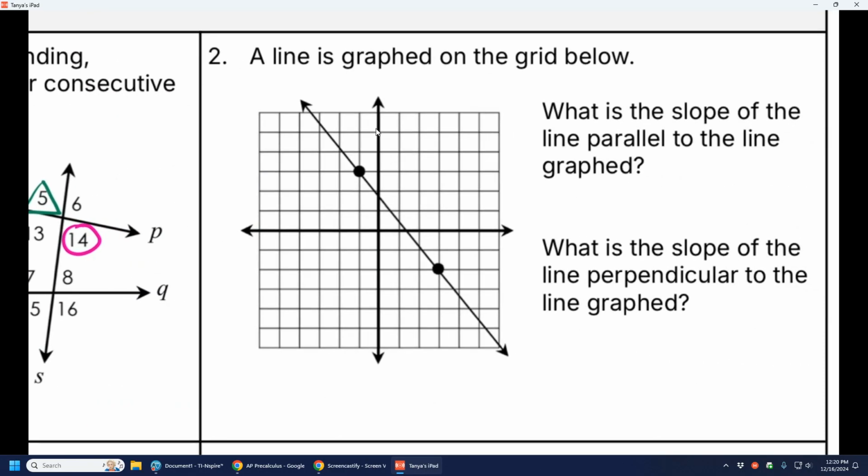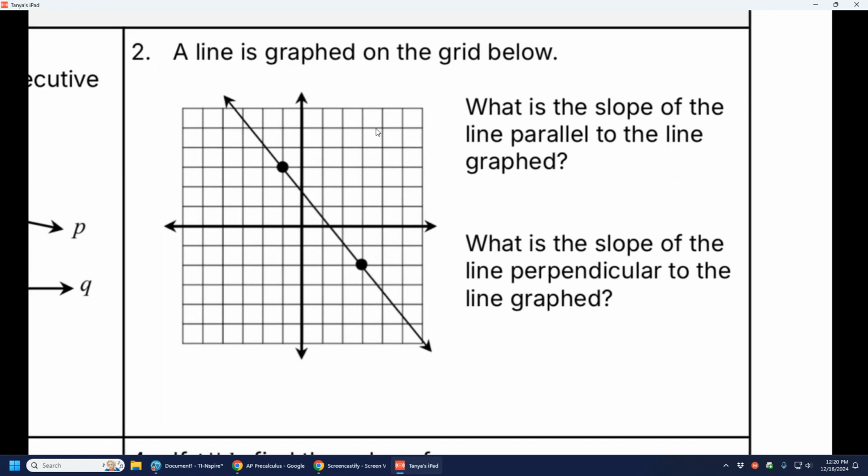Okay, number 2. A line is graphed below on the grid. What is the slope of the line parallel to the line graphed? And what is the slope of the line perpendicular to the line graphed? So since both of them are asking about slope, I think it's important that we find slope first.